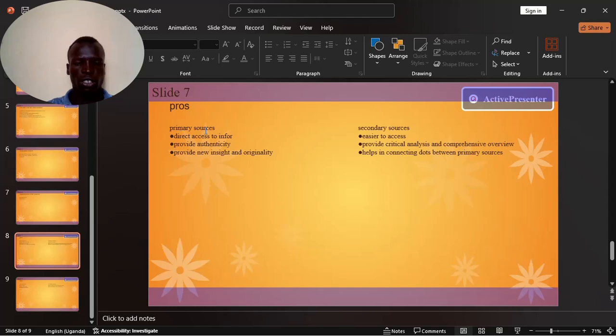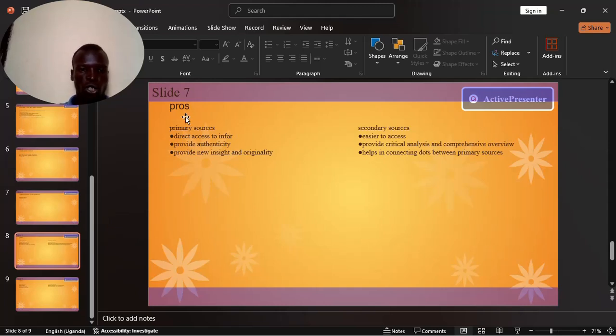Now, under primary sources, we say primary sources are actually the first information. Sometimes we refer to it as raw data. When I say raw, it means it has not been interpreted.